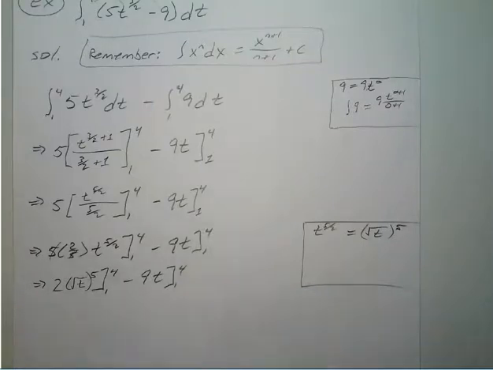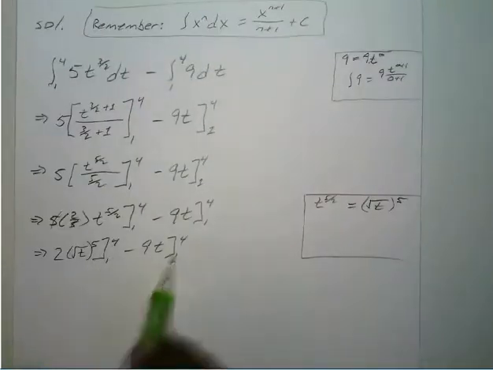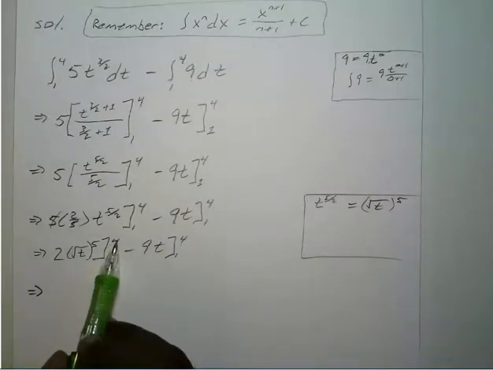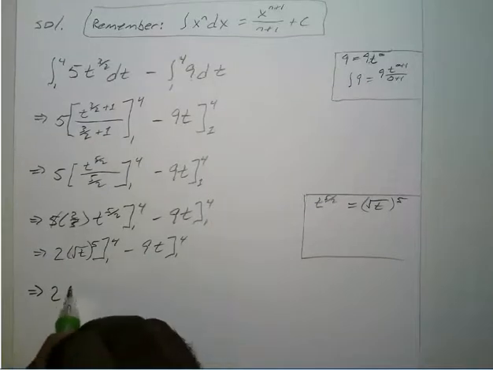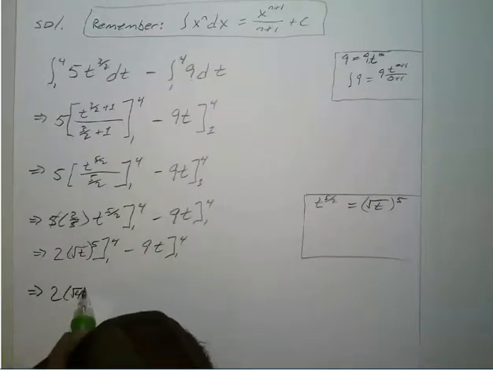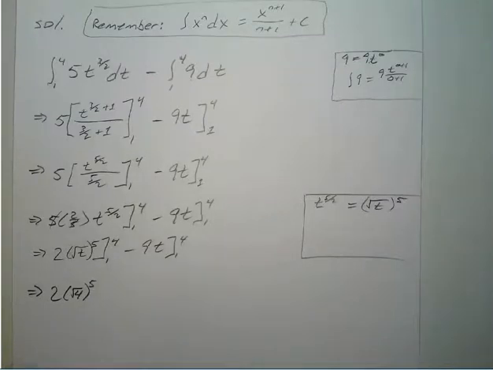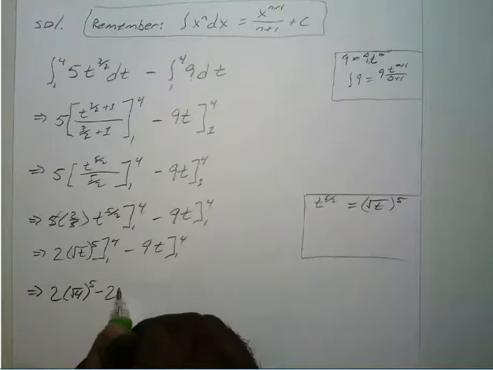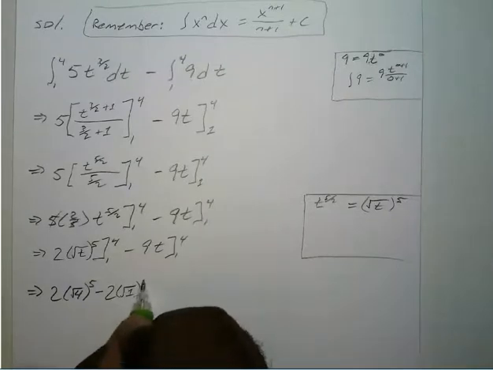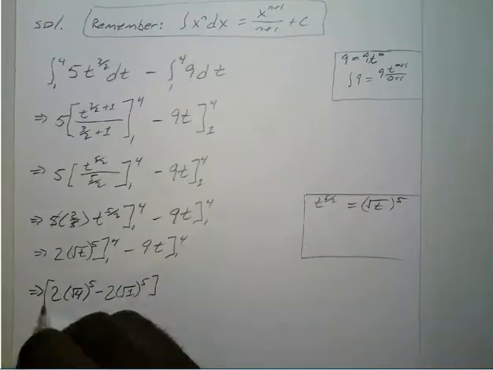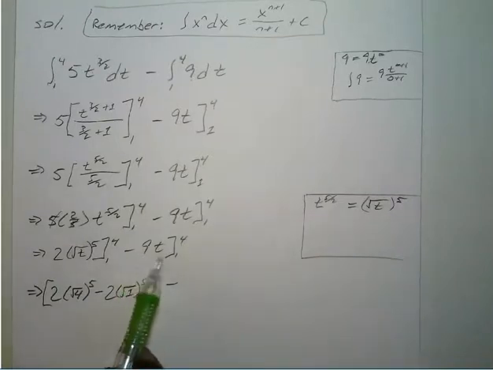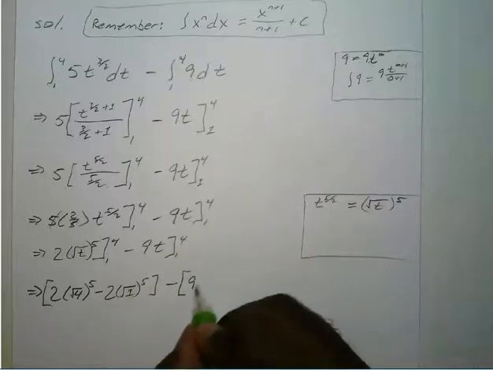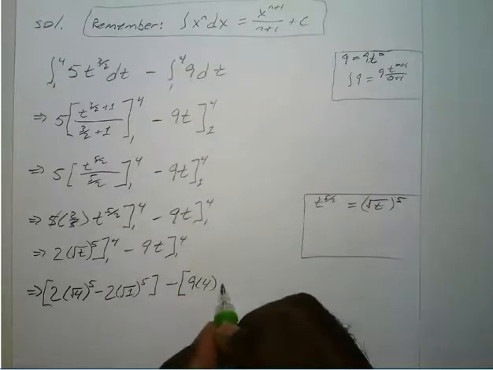All right. So now we can go ahead and start plugging in our values. Okay, so first we plug in our 4. So 2 times square root of 4 to the 5th power minus 2, then we plug in our 1, square root of 1 to the 5th power. Okay, so that's minus, now we do the same thing here. 9 times 4 minus 9 times 1.